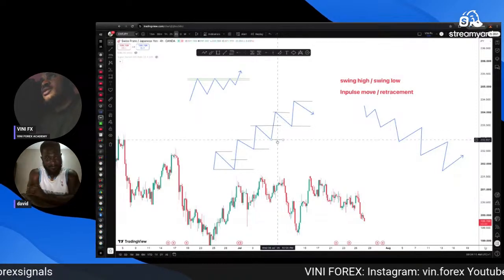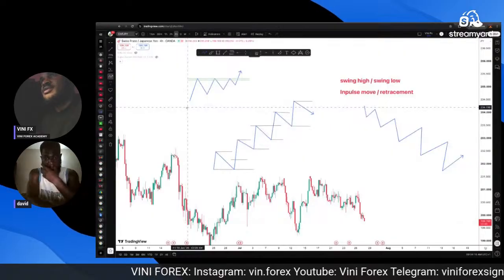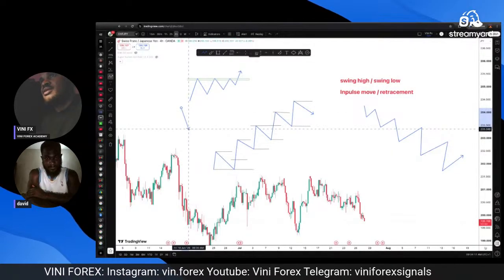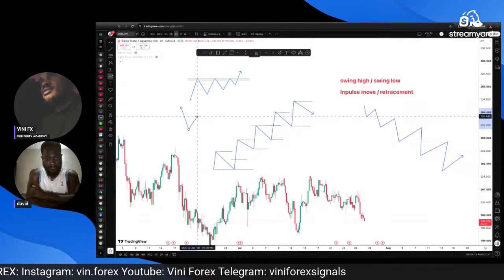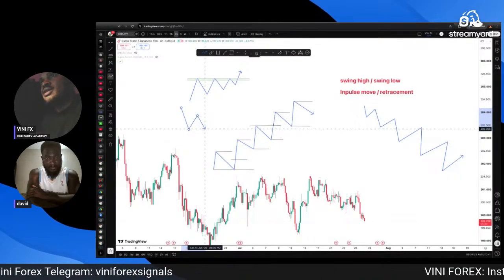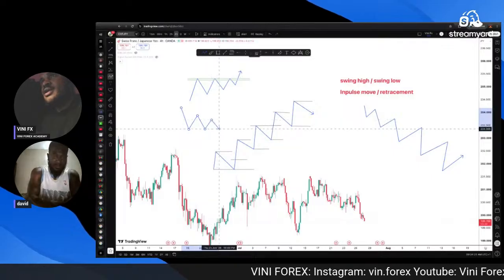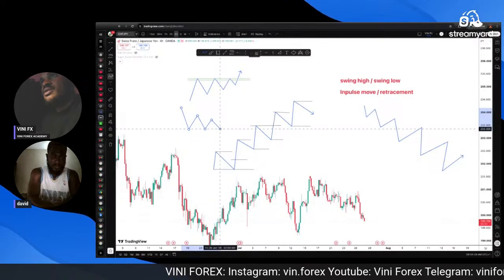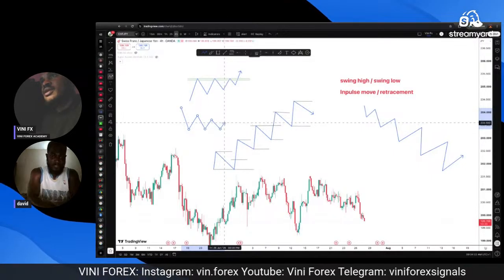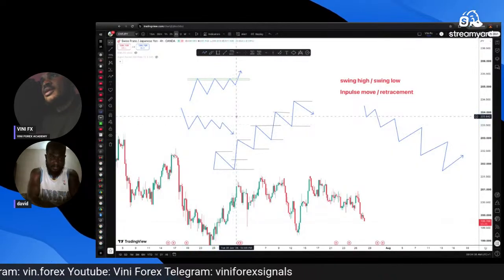So in that same way you can have a downtrending market. This is a low, okay? Then this is a lower high. This is an equal low, a lower high again, an equal low. You see it? A lower high again, and then finally a lower low.